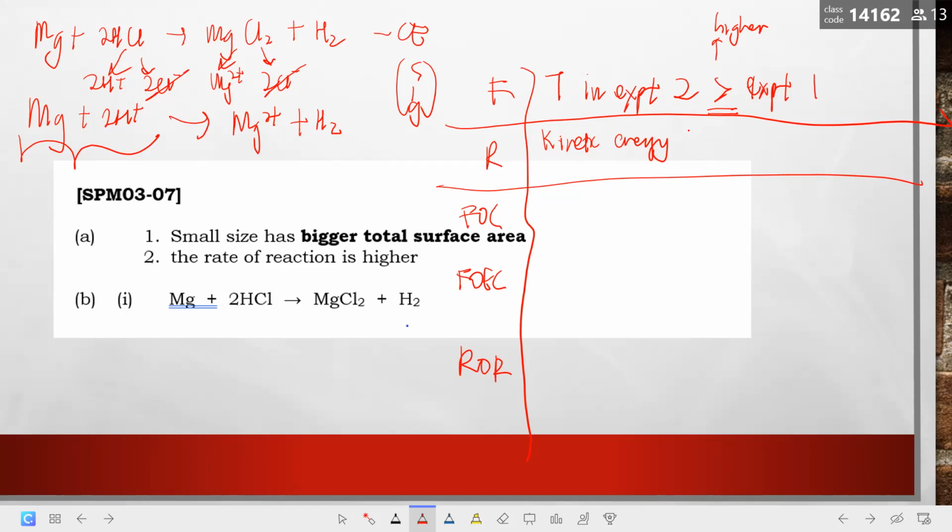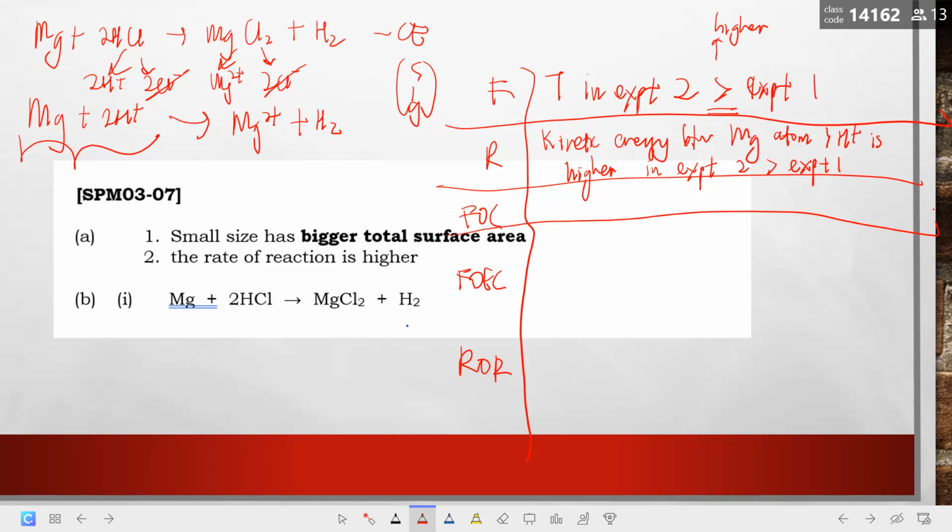Okay, so kinetic energy between magnesium atom and hydrogen ion is higher in experiment 2 compared to experiment 1. You cannot say increases, because increases is when we are not comparing. Here I'm comparing. You cannot use the word increases. Okay, correct. Okay, next one.